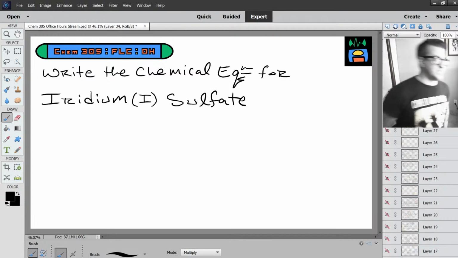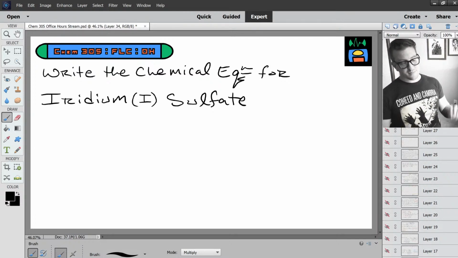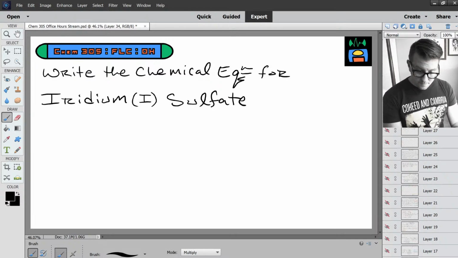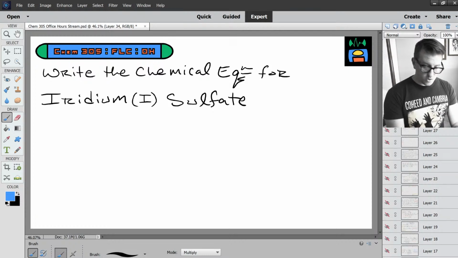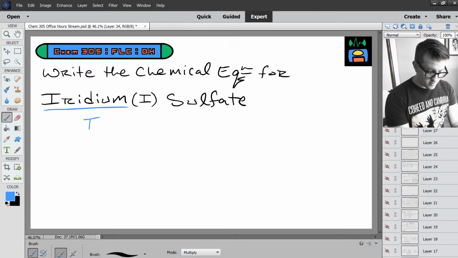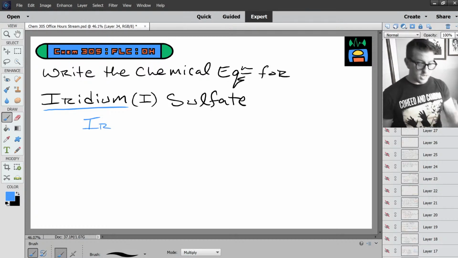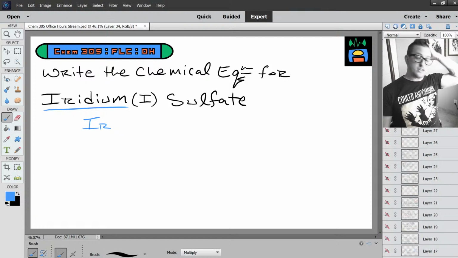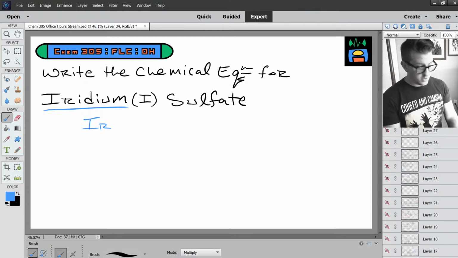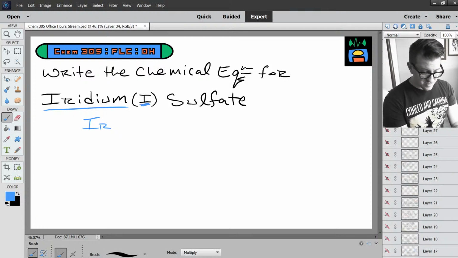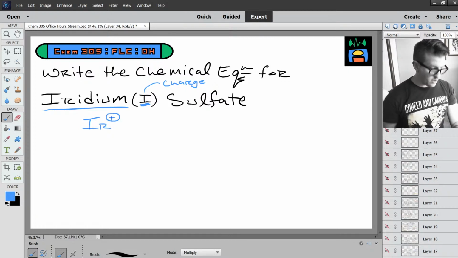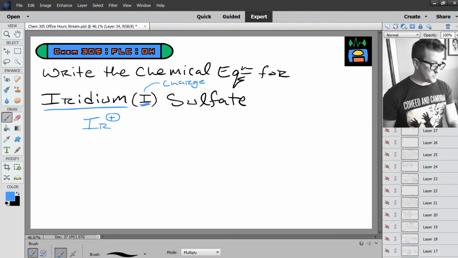We'll throw one of our polyatomic ions in. All right, now iridium, our cation, is a transition metal. Its abbreviation is Ir, and transition metals are cool because this is the charge that your cation will have. So iridium here has a charge of +1.